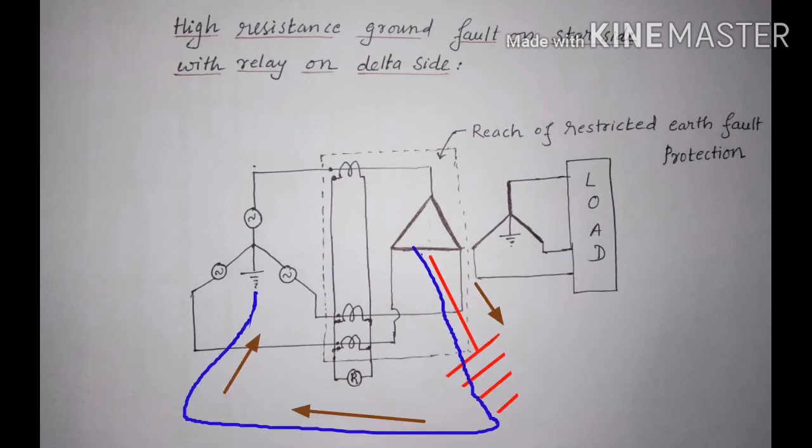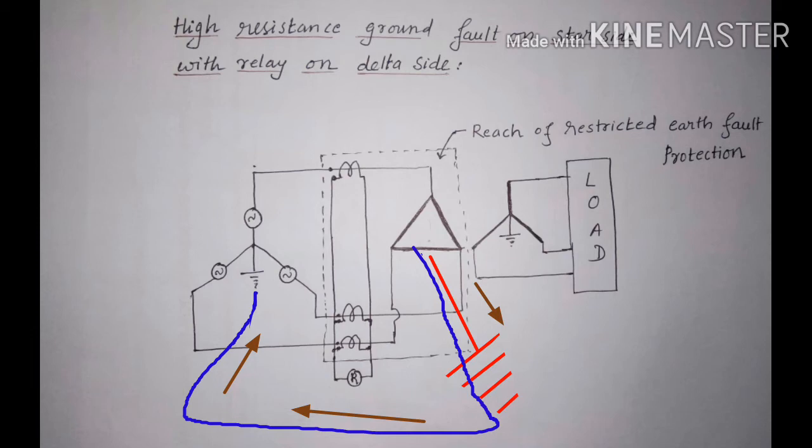If there happens to be a fault on delta side between phase winding and the ground, then the zero sequence current will flow between the faulted phase and the neutral of the source through the ground. This results in the currents through secondaries of CTs.